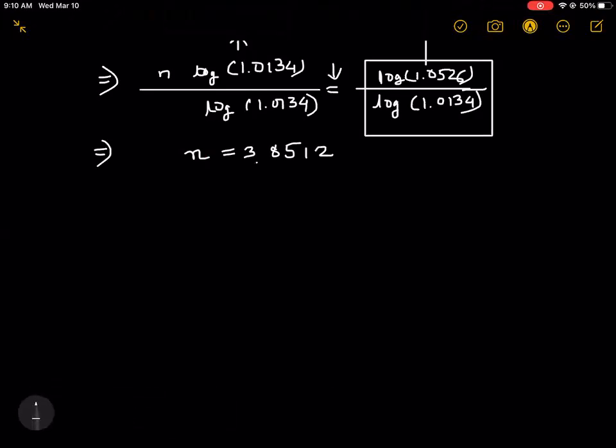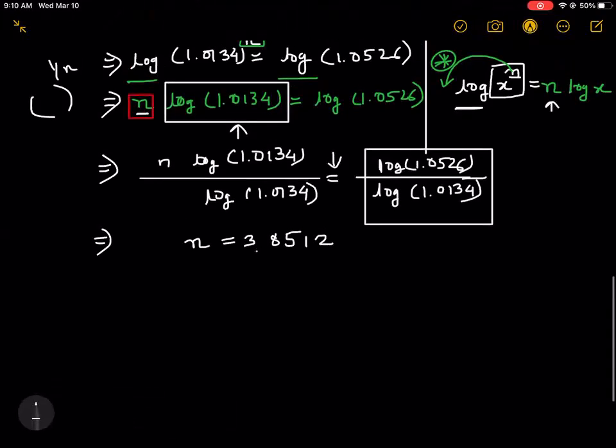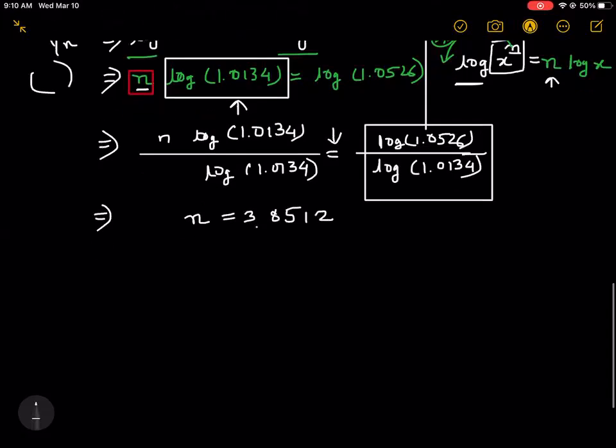All right, so the next question would be, look at the question first. I think it wants you to find the year, right? Yeah, so as it's in years, it's 3.8512 years.